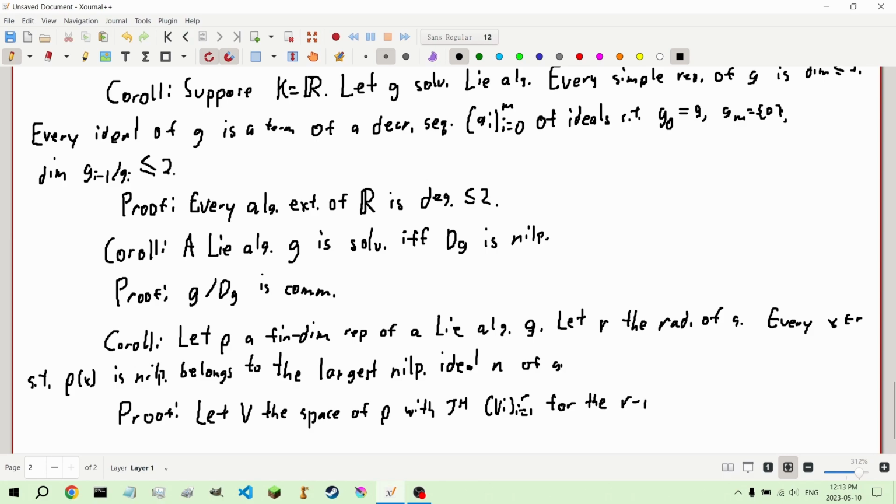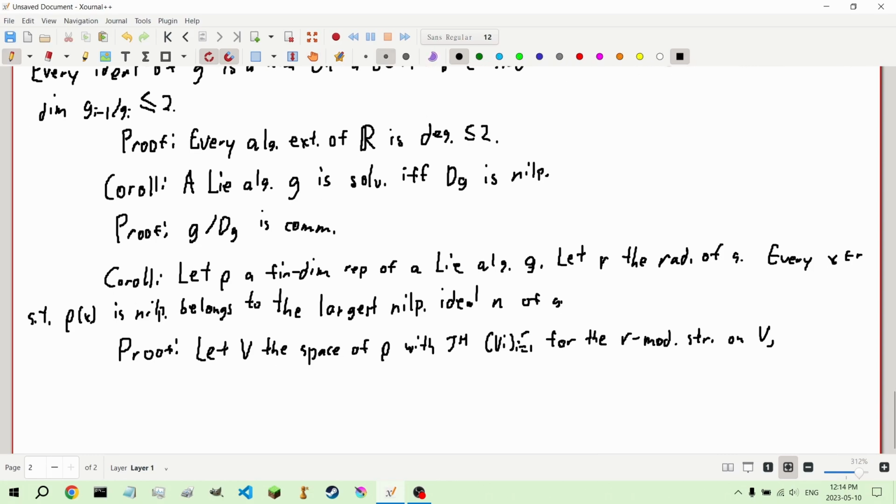This is the Jordan-Hölder series for the R-module structure on V. And let rho_i be the representation of R with space V_i over V_{i-1}.